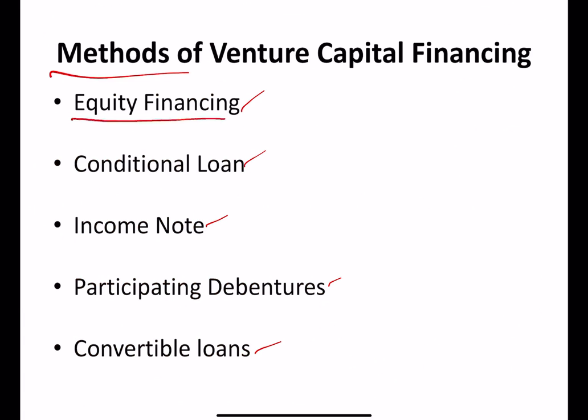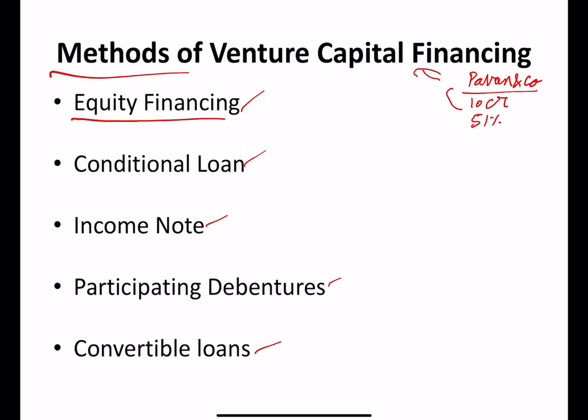For example, I am the investor and I start to establish a company, Pawan and Company. But I don't have capital. I approached venture capitalists. They have participated in my company by subscribing to some shares. For example, I have authorized share capital of 10 crores. 51% of shares should be held by me.